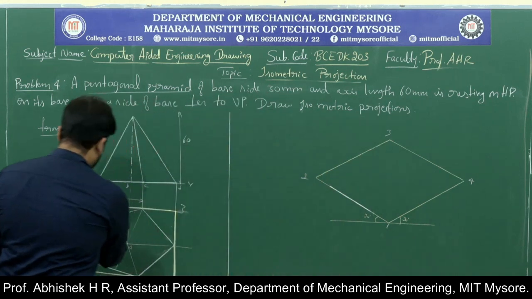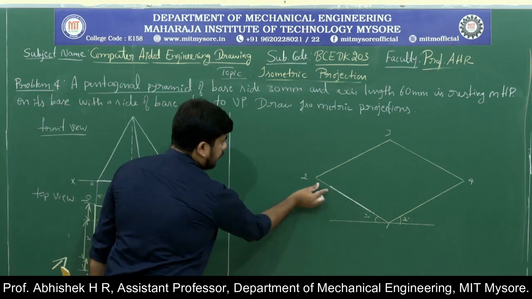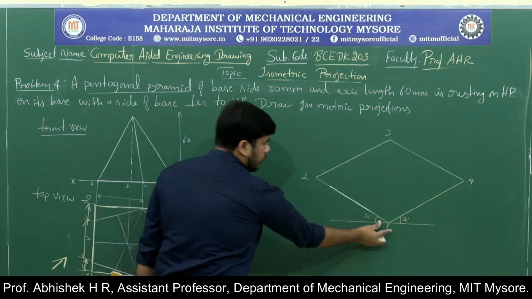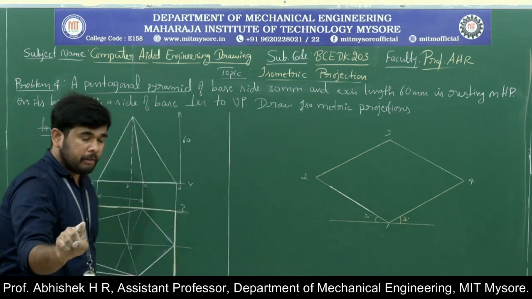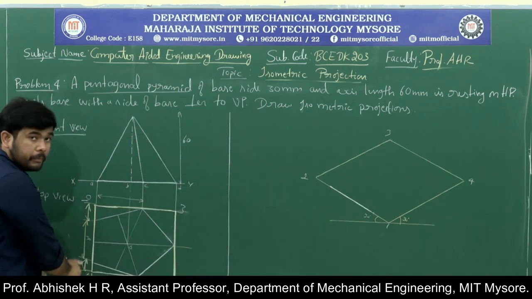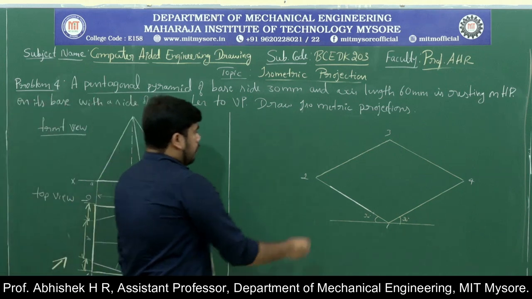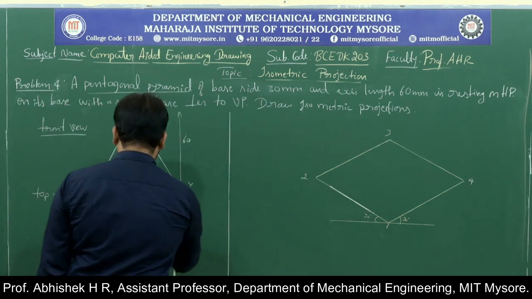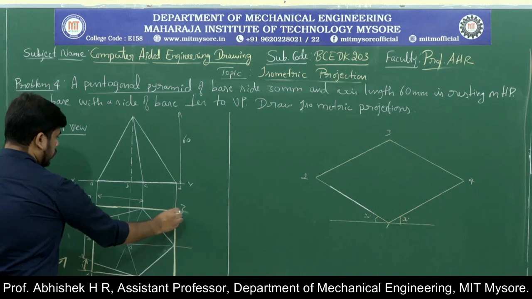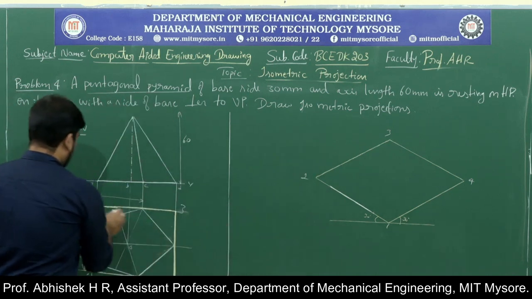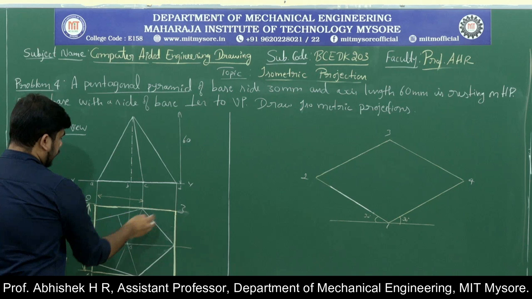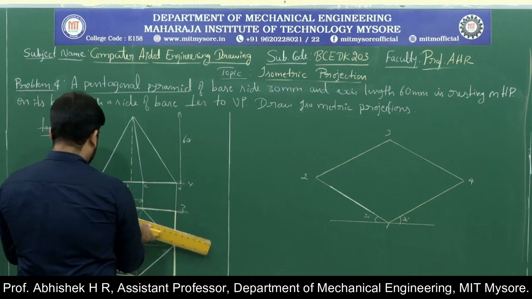Okay, now the 30 mm pentagon side is drawn here. We have separate sides over here, so you need to measure them with the scale here and here. Got it? Okay. Now from 2 to 3, we have a separate line here.